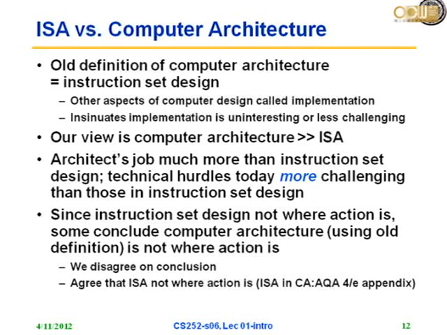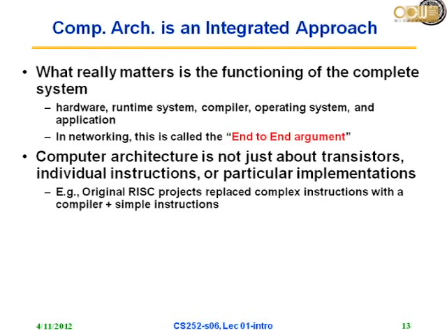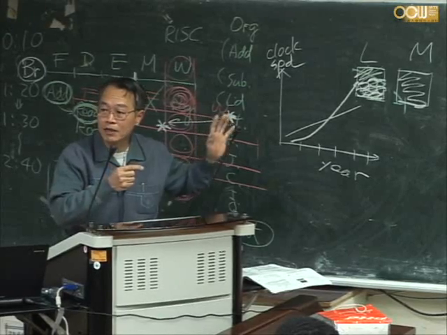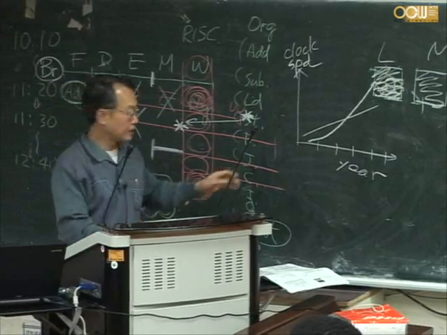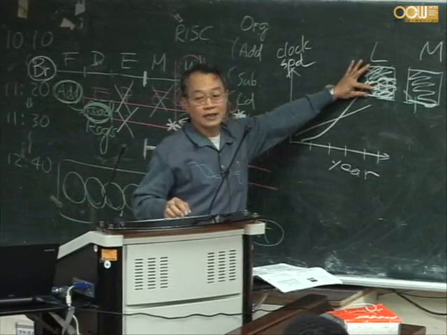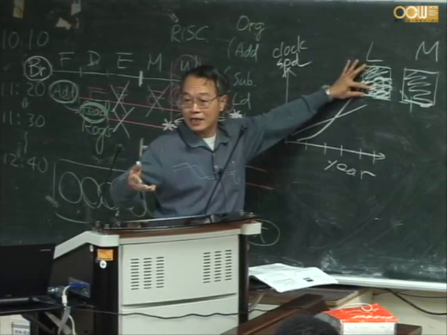ISA is no longer part of our computer architecture design, because we divide the whole chip into regions. For every clock cycle, a signal needs to propagate through only a small region within the chip. Like this is the fetcher. When it's done, we can proceed to the next clock cycle.